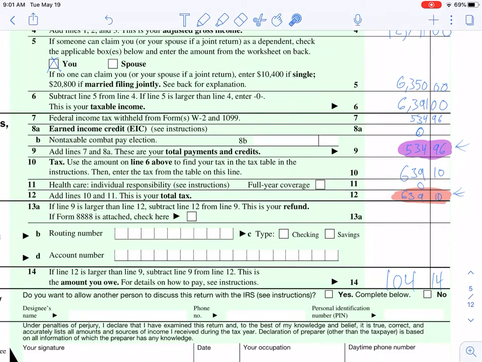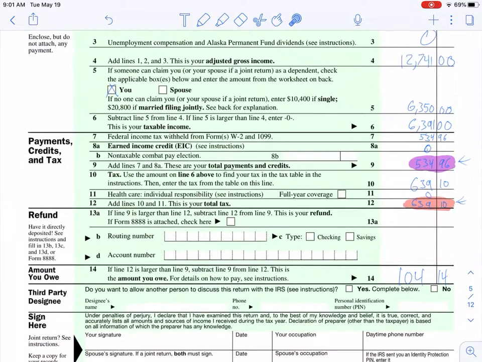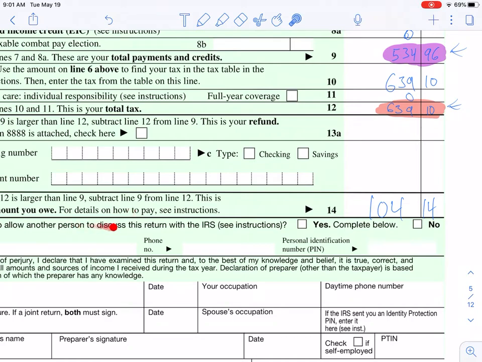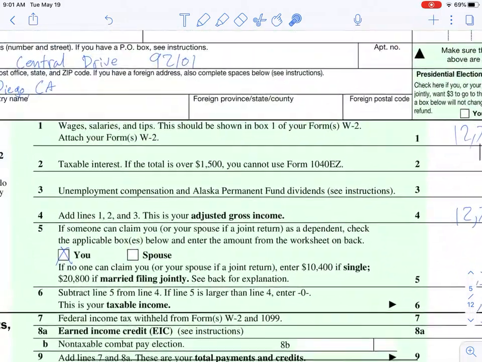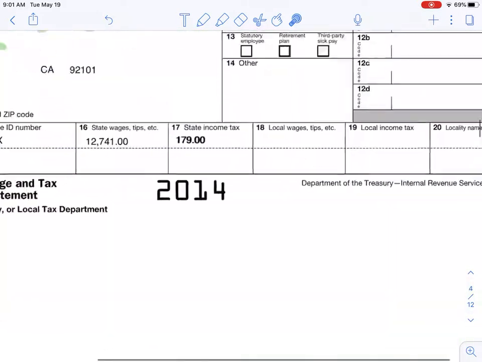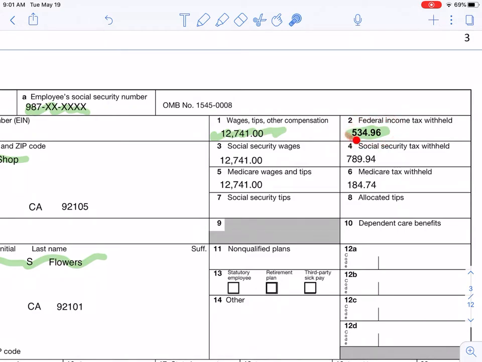So when you hear people talking about how they owe taxes, a lot of times that's the case. They didn't have enough removed from their paycheck throughout the year to cover the amount of tax that they owe. So she would have to send a check or look at details on how to pay this back, $104.14. What this does mean is that throughout the year, her paychecks were larger because she didn't have a lot taken out in each paycheck for her federal income tax withheld.